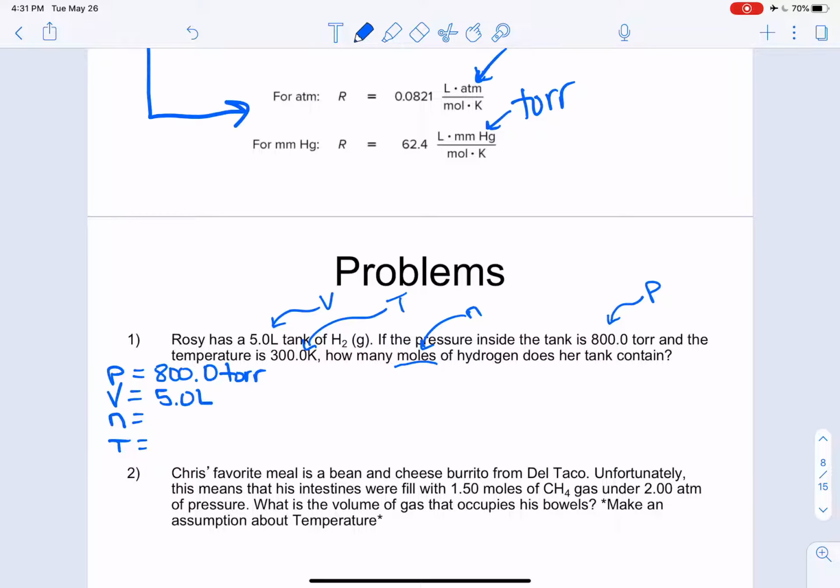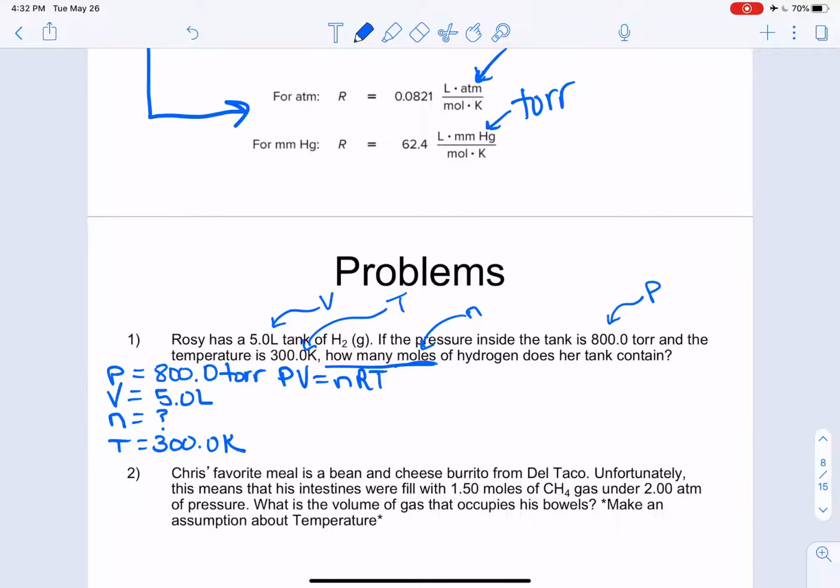Our number of moles, we don't know that. It says how many, so we'll put a question mark there. And our temperature, 300 Kelvin, and that's good. It's already in Kelvin. We don't have to convert it from Celsius or Fahrenheit. And then we're going to say, okay, we've got one of each of these. We don't have STP, so it must be PV equals nRT.